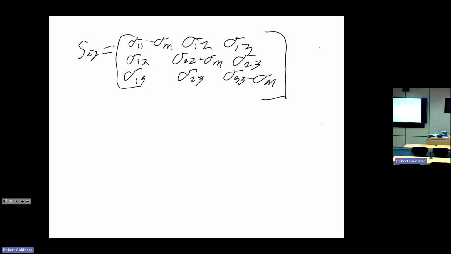This is useful in stress analysis in general. We're not going to do it here, but when you use the Tresca yield criteria and the von Mises yield criteria, it gets to a lot of these points. The idea is that these deviatoric stresses are the shear components of the stress tensor.